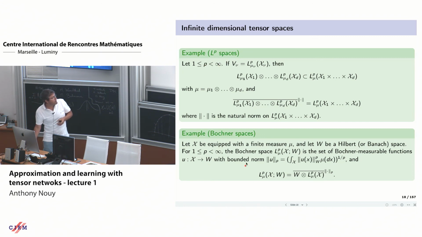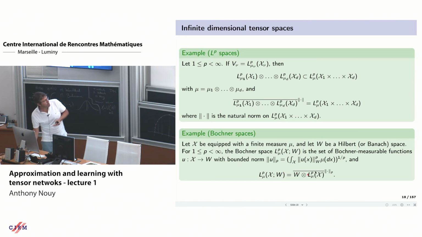Another example, that we will see later in some other examples, is Bochner spaces, where I consider functions defined on a measured set X with values in some Hilbert or Banach space W. Okay, so this Bochner space Lp(X; W) is the space of Bochner measurable functions defined on X with values in W. And in fact, this has the structure of a tensor Banach space.